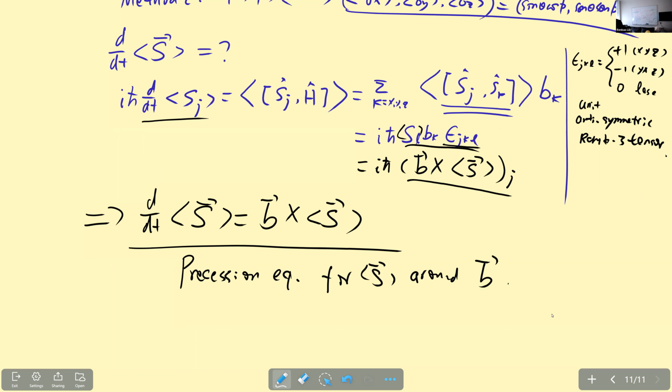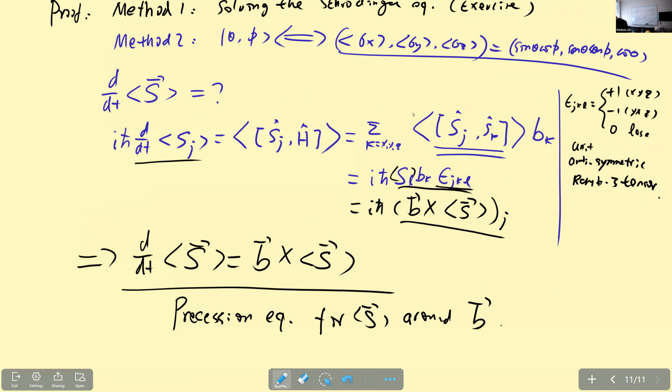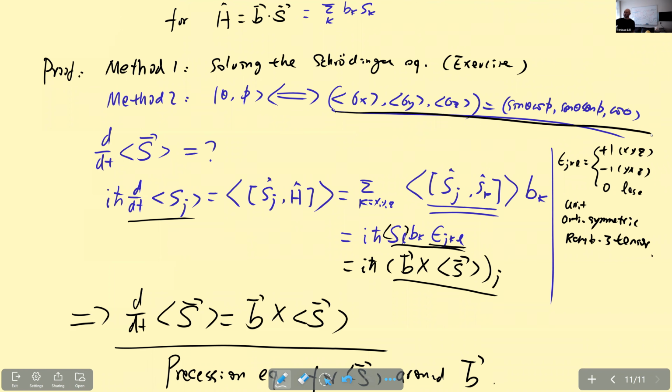So the Bloch vector is precessing about B with this angular frequency. So this result is simply given by precession, right?